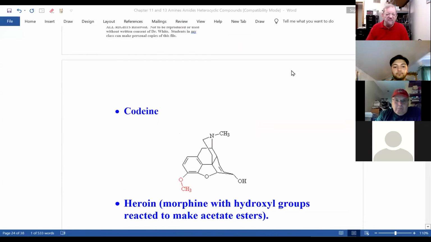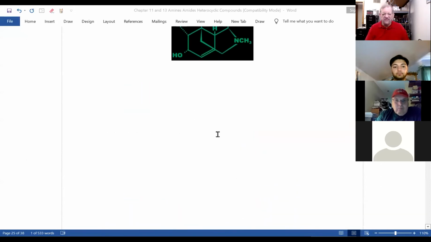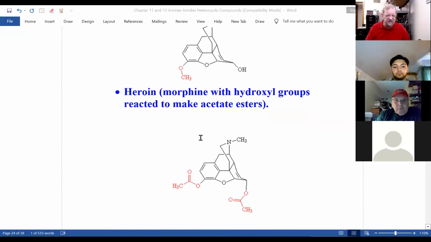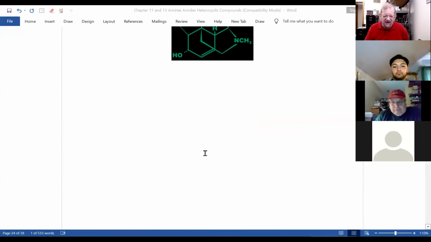Now, if you modify morphine, everybody see, let's see, which one is it? Yep. See the hydroxyl group up here on the benzene ring? It's an alcohol. If I'm taking an alcohol and reacting it with a carboxylic acid, what do I have? I have an ester, and the rest is unreacted.